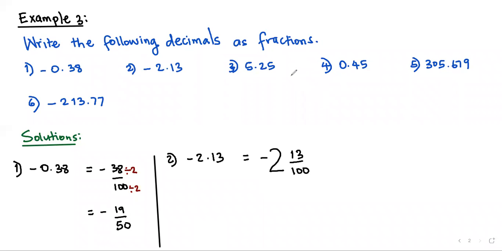Let's have another example as number 3, where we have 5.25. Using the same method as in number 2, how can we go about number 3? 5 and 25 out of 100.